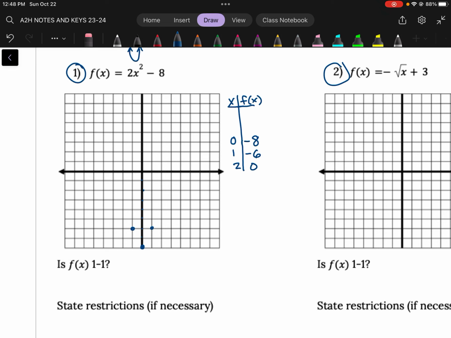If I put in 2, I get 0. -2, I get 0. If I put in 3, I get 10, which is off of the graph, so that's up there. Same with that over here.